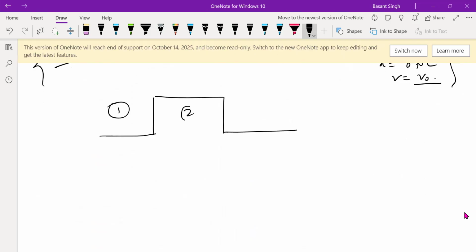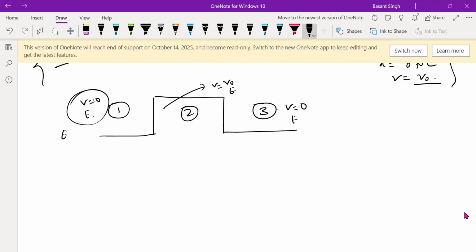In the first region the potential is 0 and energy is E. In the second region the potential is V0 and energy is E. And in the third region the potential is 0 again and energy is E. The relations are: E greater than 0, E less than V0, and E greater than 0.